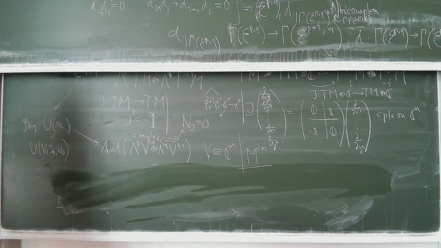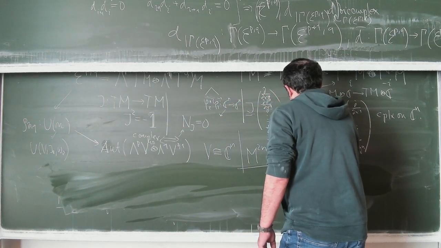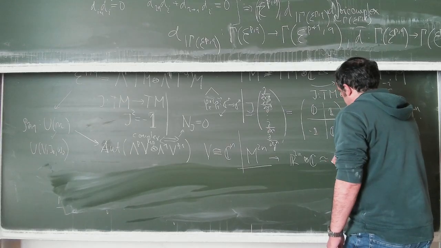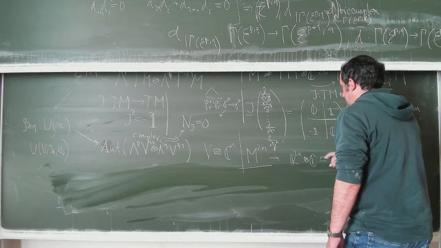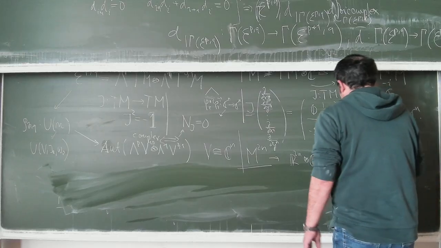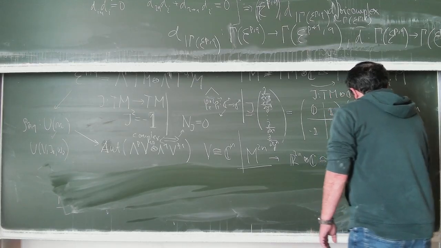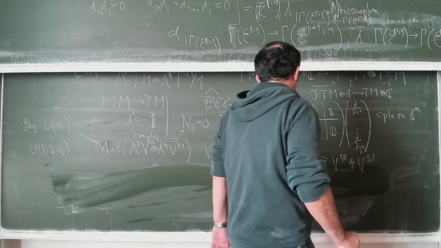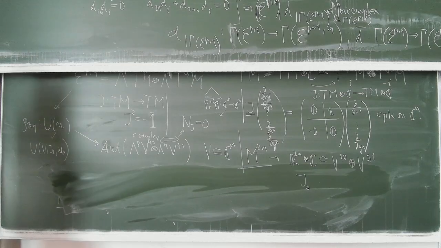And one can decompose it. I mean, the tensor product R^{2n} times C can be decomposed into two vector spaces with respect to the eigenvalues for J0. So we have some more repetitive structure of the lecture.